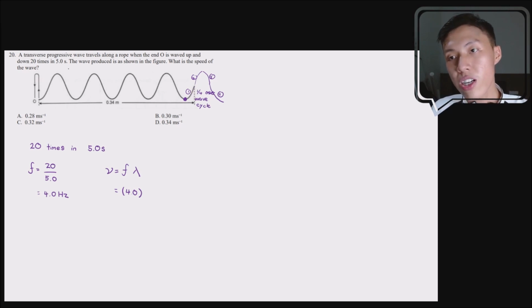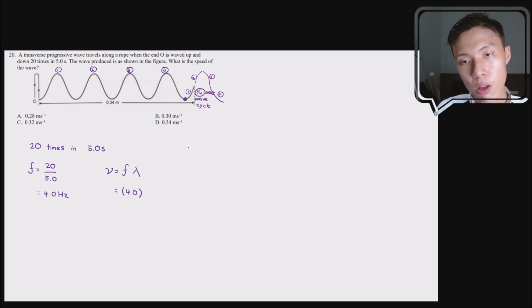Okay, so there is 1, 2, 3, 4 plus a 1/4 over here. So 4 and 1/4 complete wavelengths is equivalent to 0.34 meter. We can change it into an improper fraction.